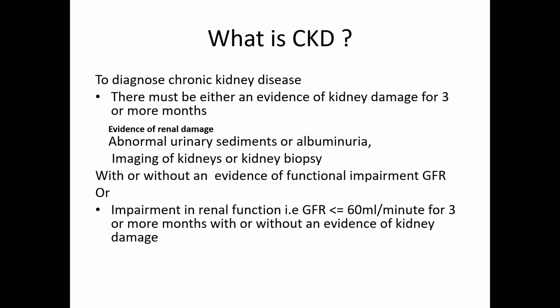What can be evidence of renal damage? The patient can have abnormal urine examination, albuminuria, proteinuria, or can have abnormal kidneys, such as small shrunken kidneys or scarred kidneys. Or if you undergo kidney biopsy, there is some evidence of chronicity on the kidney biopsy examination, with or without evidence of functional impairment of GFR.